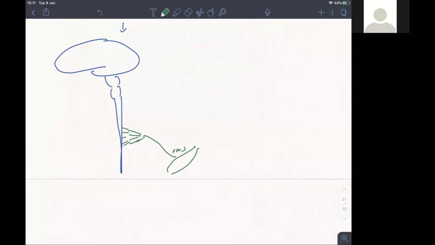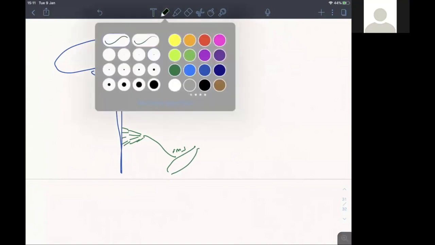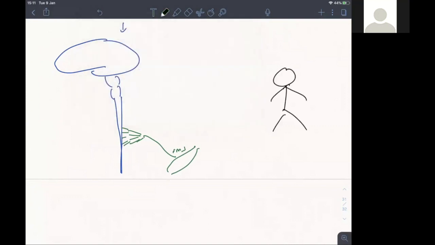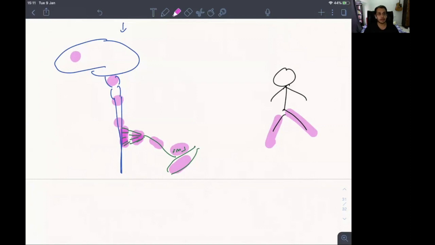A case of paraparesis, so weakness of the two lower limbs, can be because of a lesion in the muscle, in the nerve, in the plexus, in the roots, in the spinal cord, and within the spinal cord, it can be in the lower spinal cord or the upper spinal cord, or it could be a lesion in the brain.